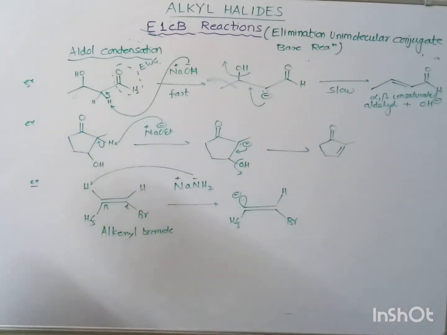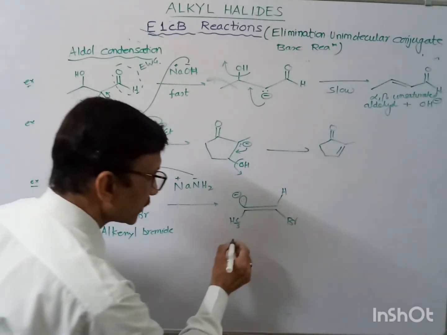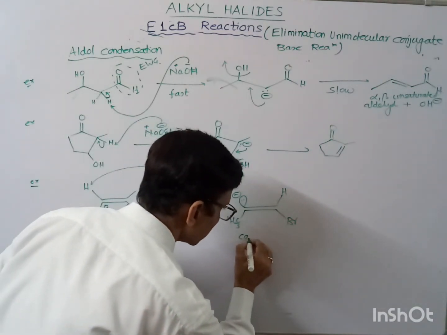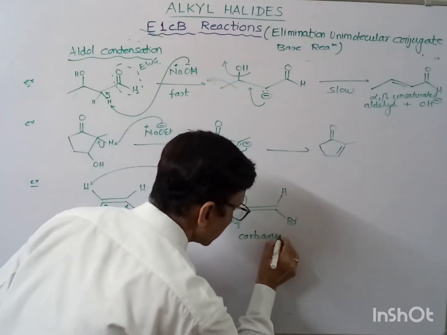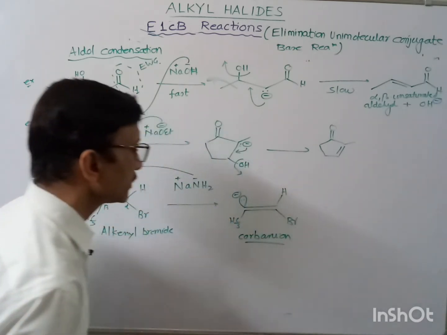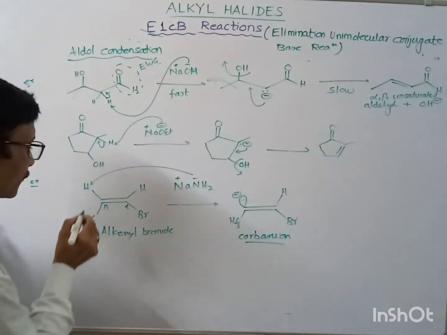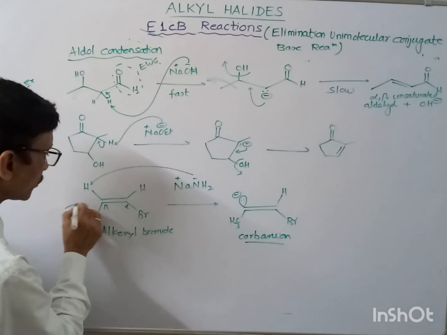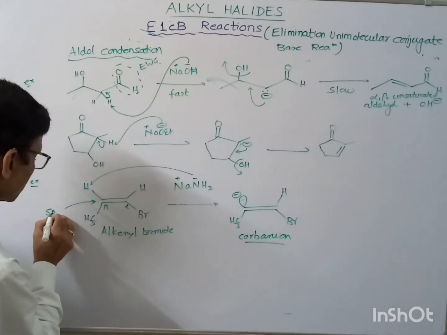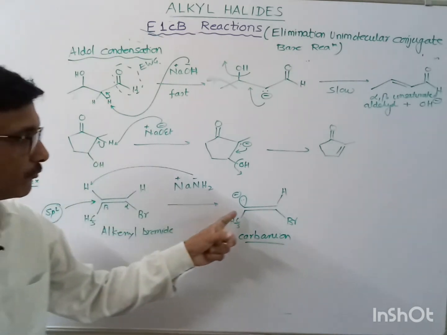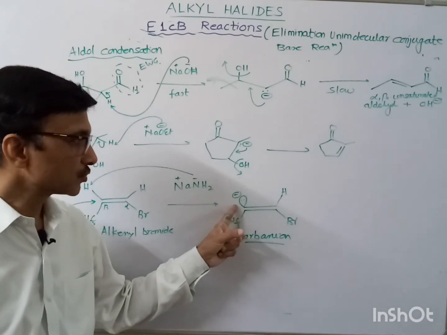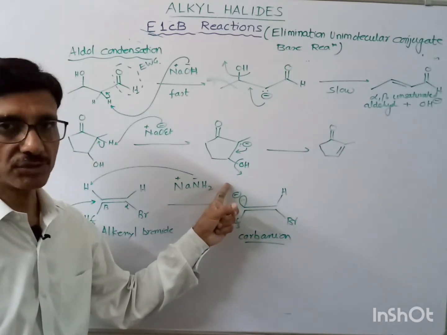Okay. So the formation of this intermediate, the conjugate base carbanion, is stabilized by this carbon. If you see, this carbon is an sp2 hybridized carbon. This sp2 hybridized carbon, being more electronegative, will stabilize this negative charge.